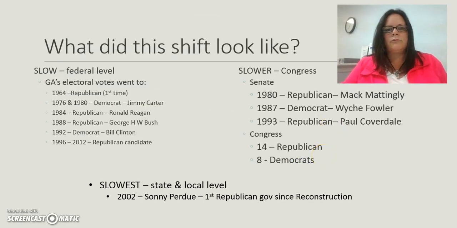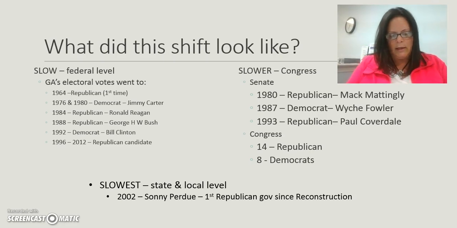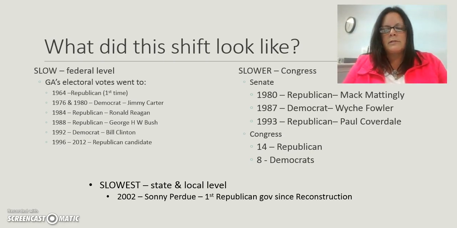So what did this shift look like for Georgia voters? The shift for Georgia to the Republican Party was very slow. The first sign of this shifting allegiance was seen in presidential elections. In 1964, Georgia's electoral votes went to a Republican president for the first time.